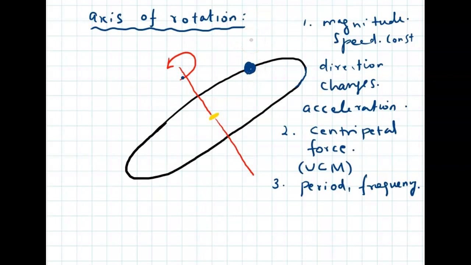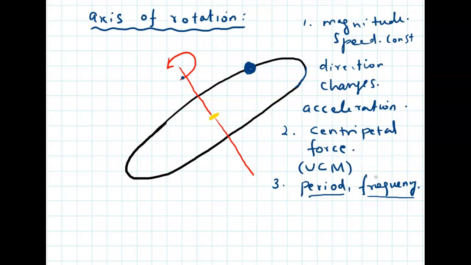The same for the period of rotation of an electron around the nucleus: the time taken for one complete revolution is called the period. And frequency is the number of revolutions in 1 second. So it is a periodic motion with a definite period and frequency.